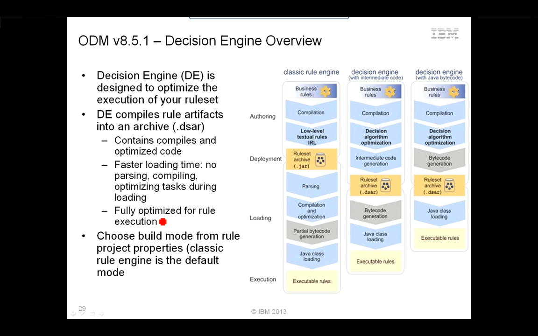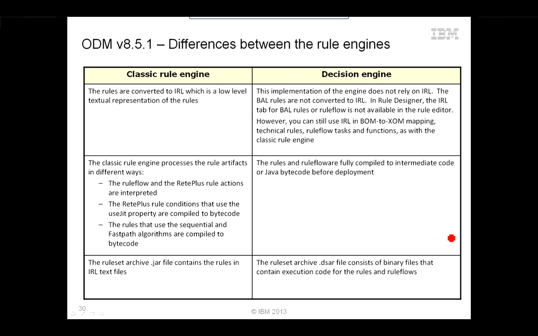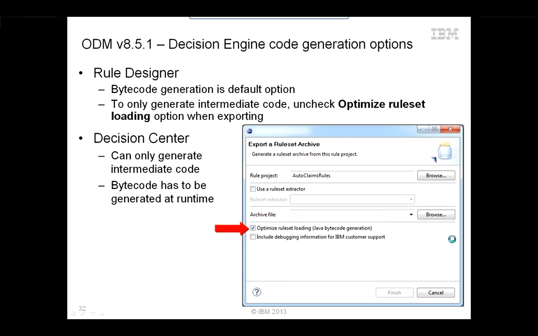If you want to use the Decision Engine that I just mentioned, then you have to select the Decision Engine radio button, and that would change how it compiles the rules. But by default, rule set build mode is set to Classic Rule Engine.